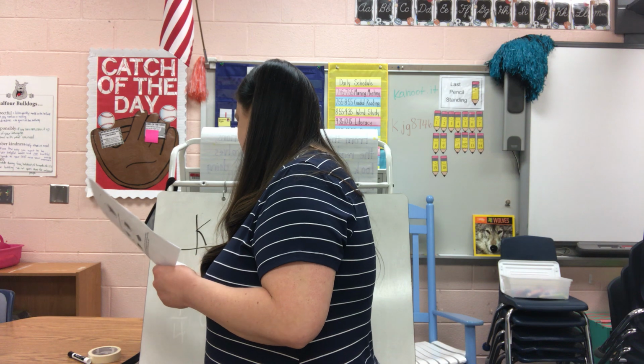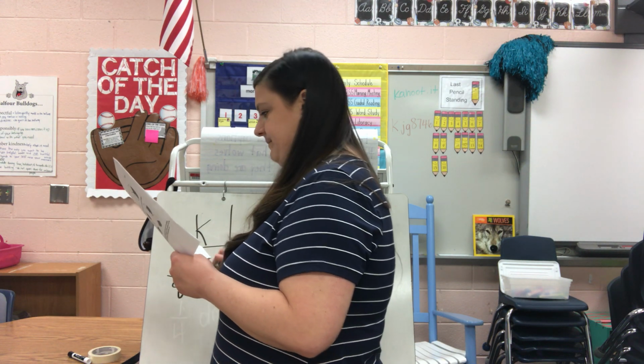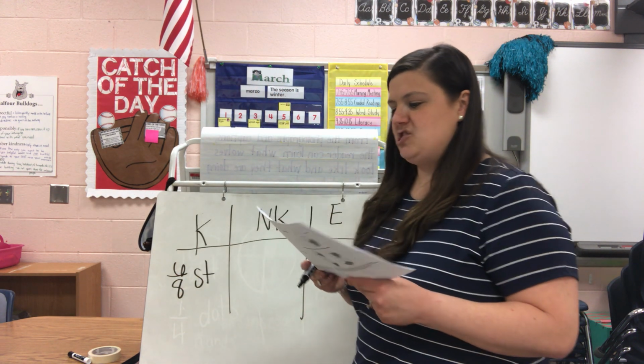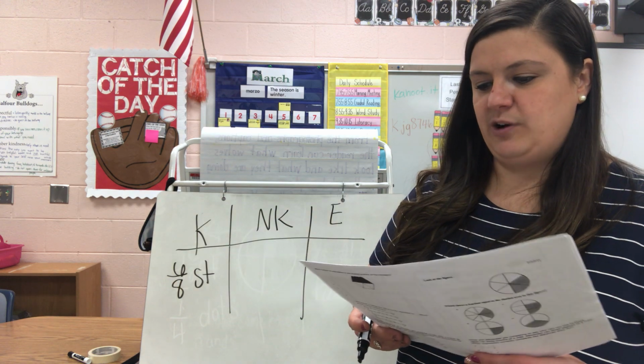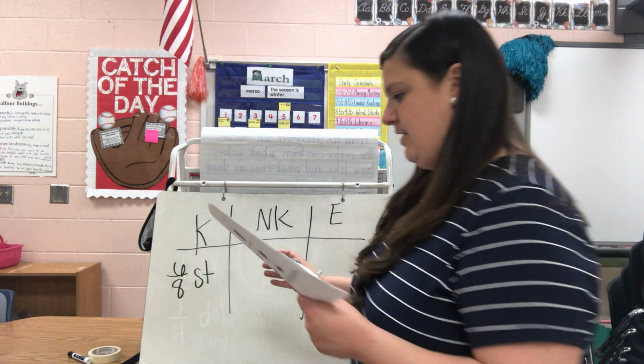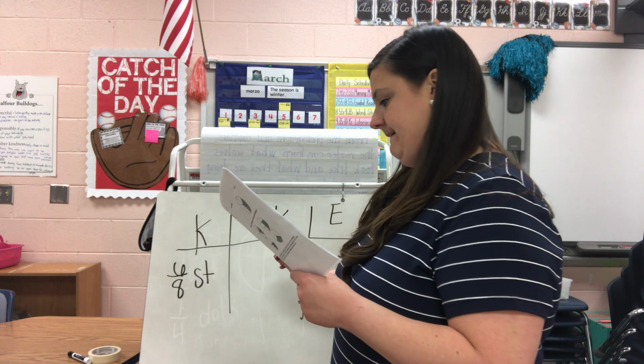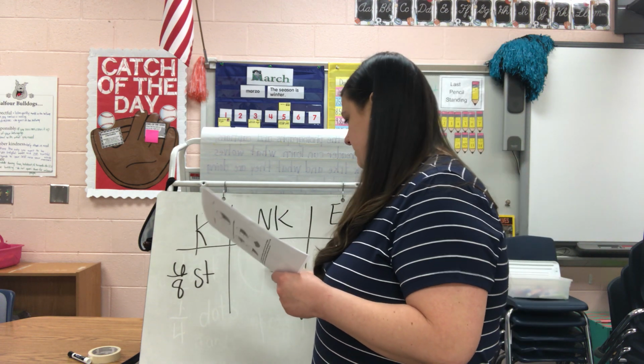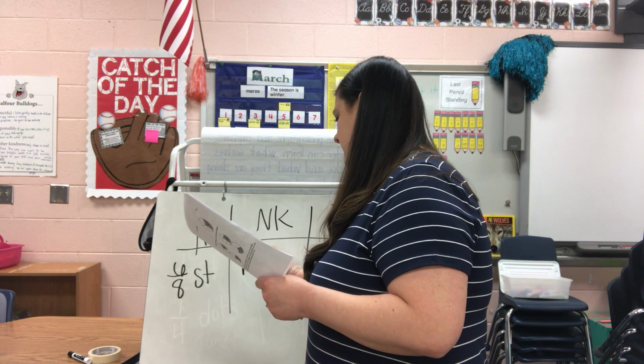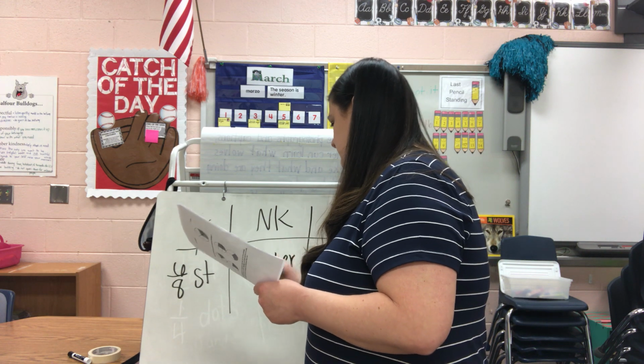So he measured and cut 6/8 yard of string. Which number line is shaded to represent the length of Quincy's string? So, we need to find the correct number line.